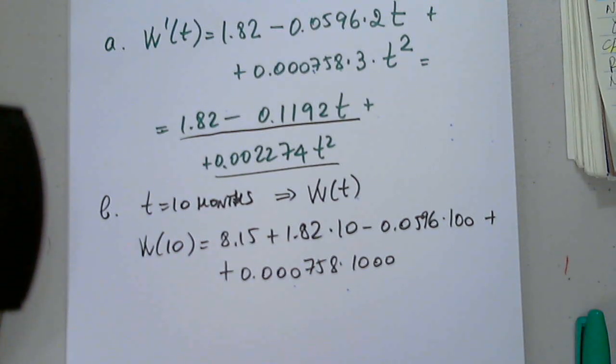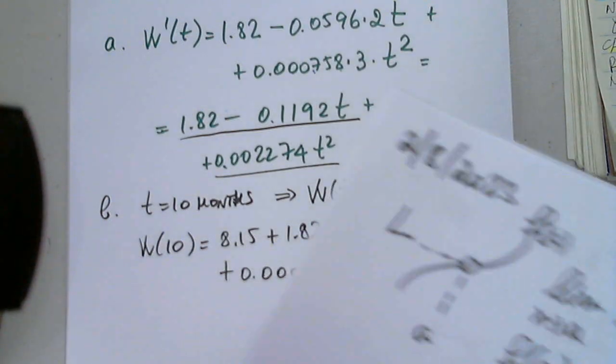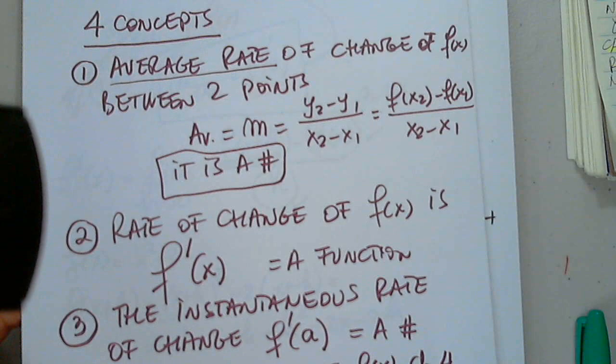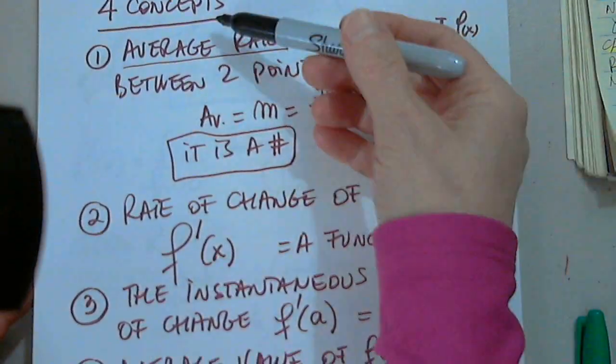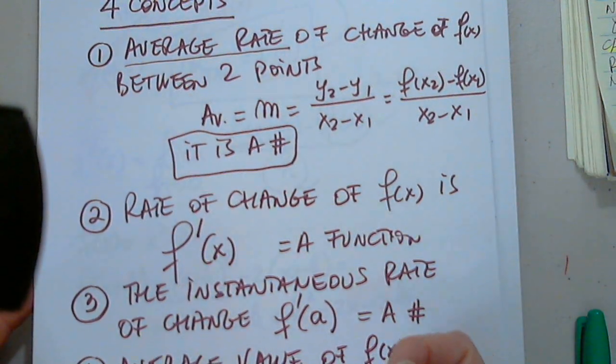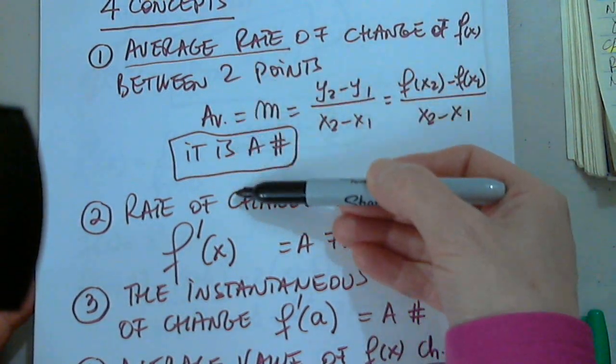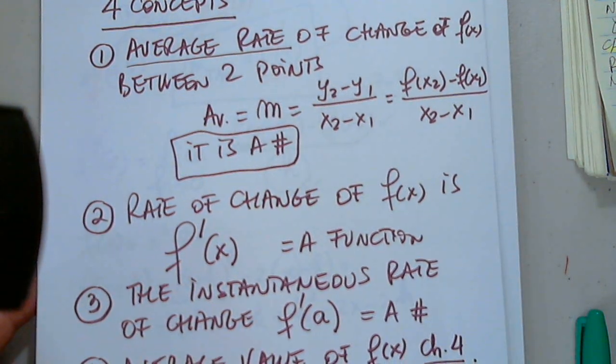Final question. The rate of change of a boy's weight with respect to time at age 10 months. So I'm coming back here. Which of these three questions are we asked to determine now?